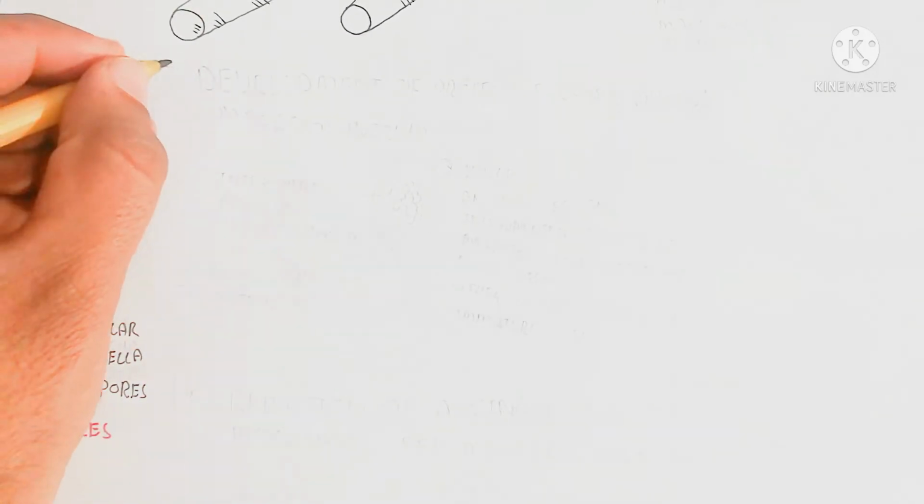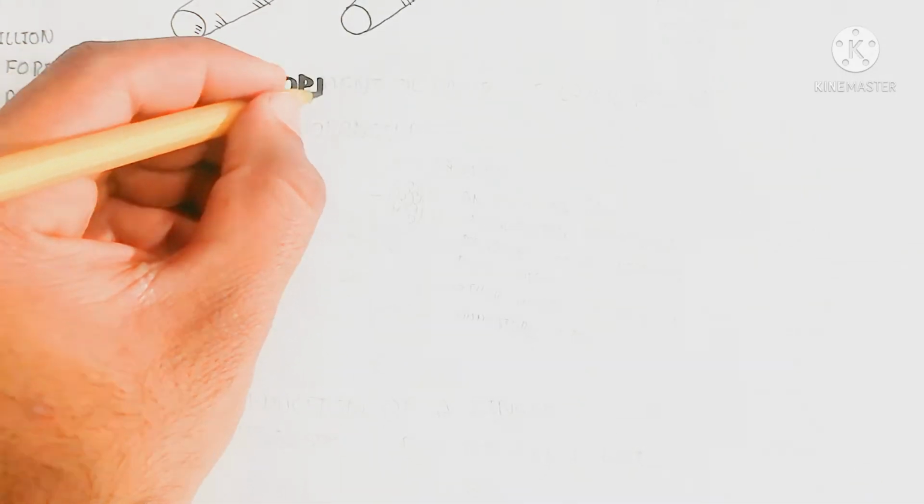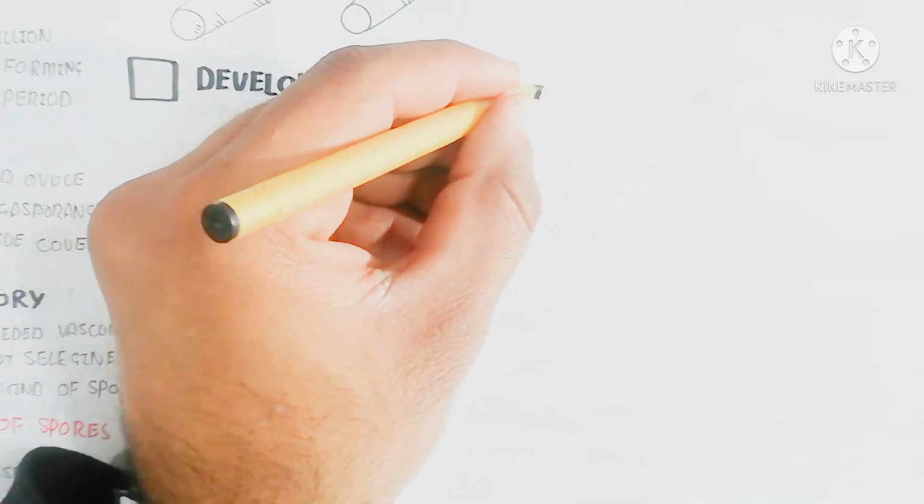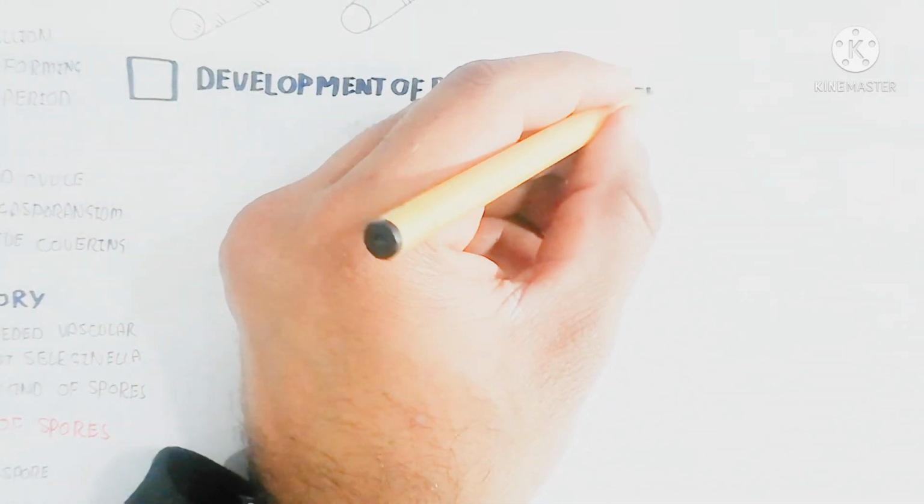After this, step 3 is the development of a protective layer around the megasporangium.